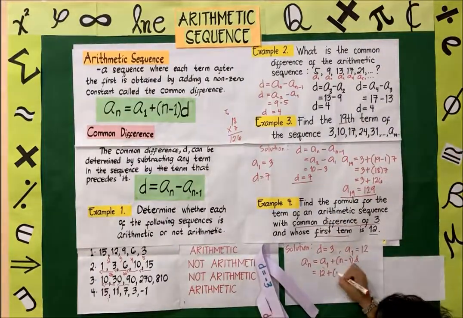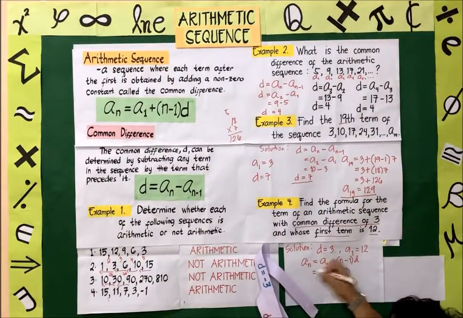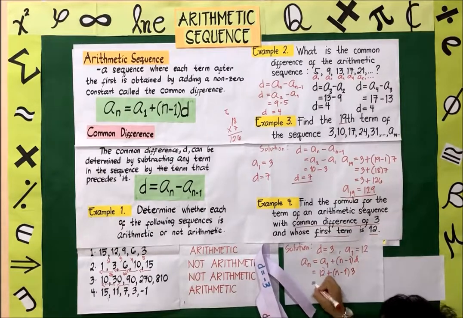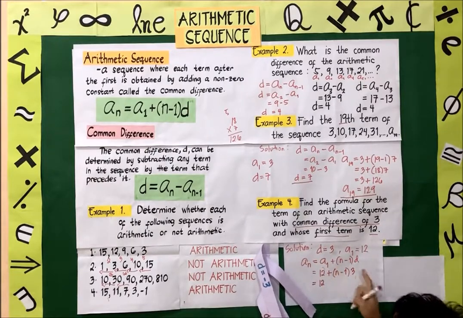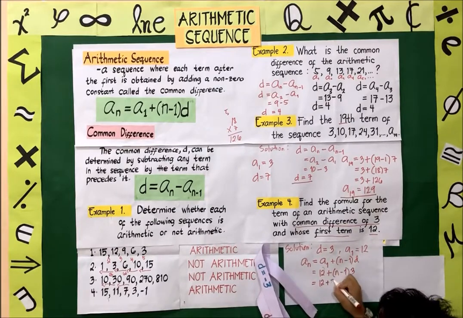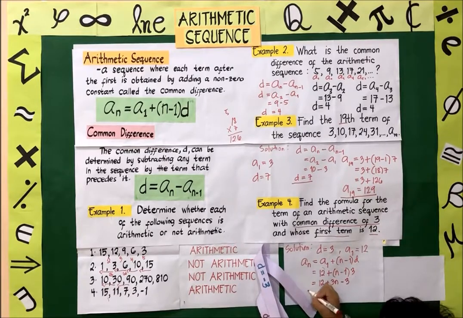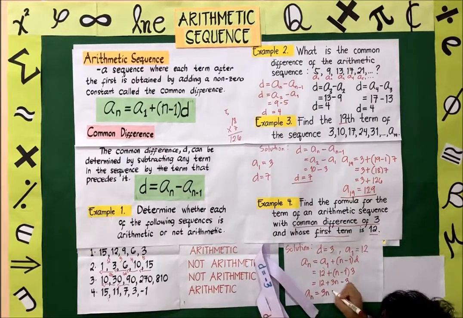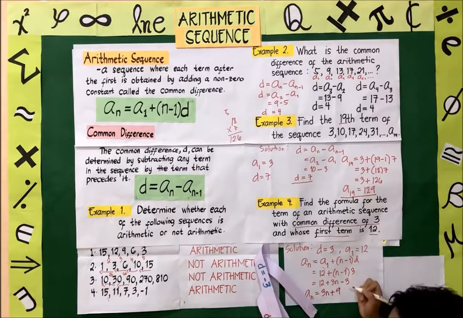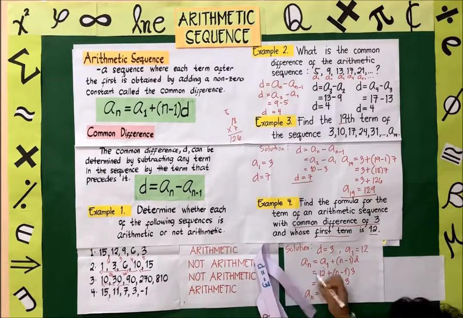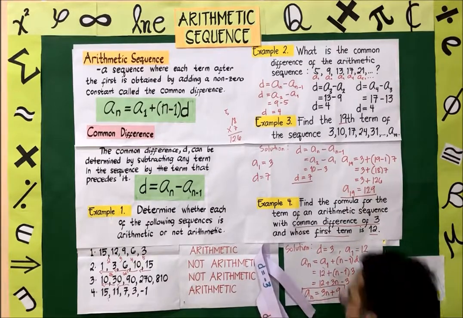So, we have n minus 1, the common difference is 3. So, we have 12, we apply the distributive property. 3 times n is equal to 3n. 3 times negative 1 is equal to negative 3. So we have A sub n is equal to 3n, 12 minus 3 is equal to 9, right? Because 12 minus 3, yes, it's 9. So the formula here is A sub n is equal to 3n plus 9.